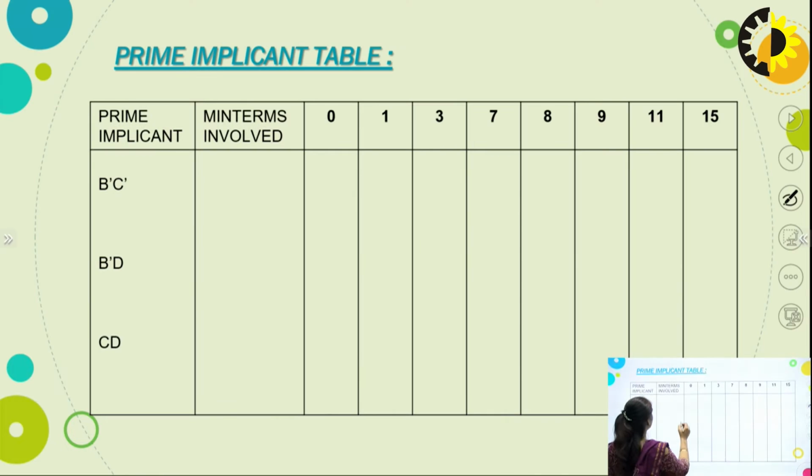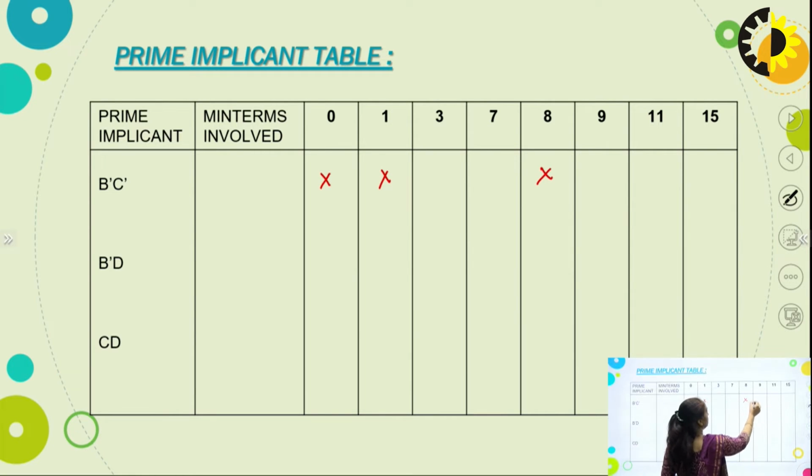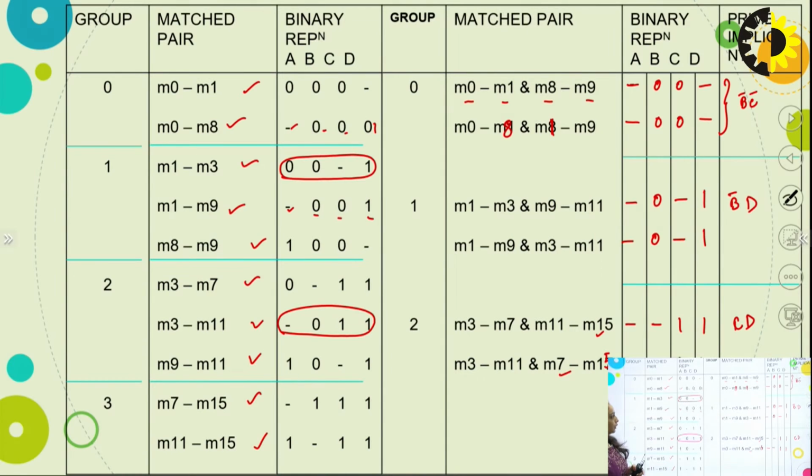So under this 0, 1, 8 and 9, we will make the cross. Okay, then B bar D is used by minterms 1, 3, 9 and 11.